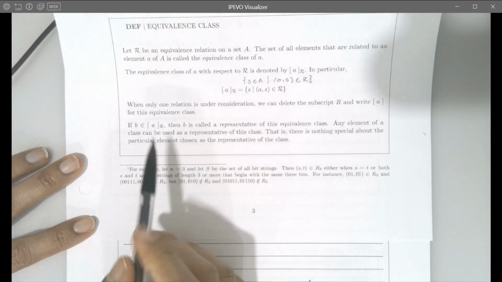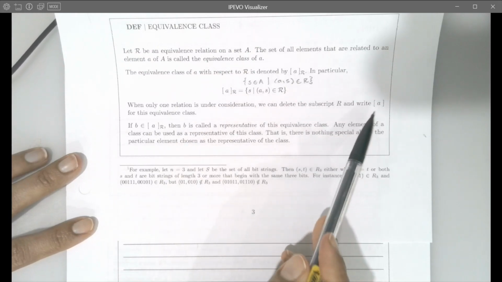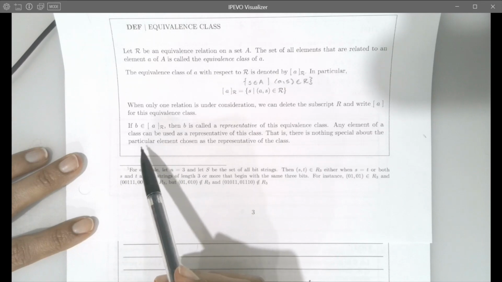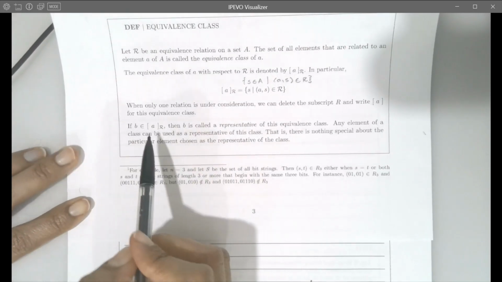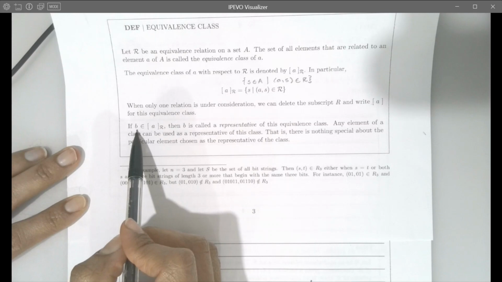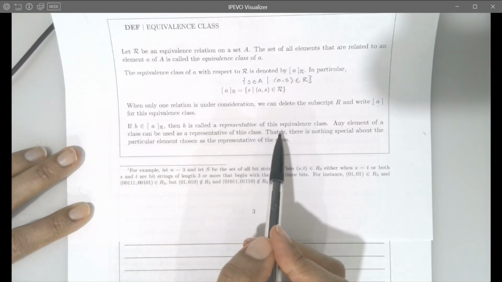When only one relation is under consideration, then we can delete the subscript and simply write a between brackets for the equivalence class. Now, one thing that is important to note is that if we're looking at the equivalence class of a and we pick out some element, let's call it b, then b is called the representative of the equivalence class.